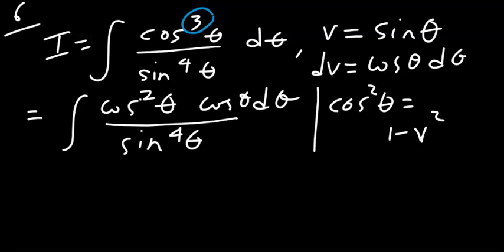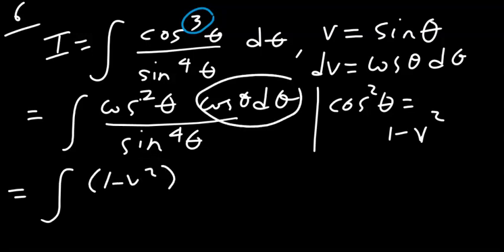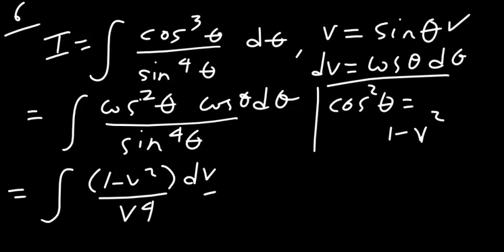Putting everything in here, we get the following in terms of v. So cosine squared is just 1 minus v squared. Cosine theta d theta from here is just dv. Sine to the power of 4 is just v to the power of 4 from the substitution.